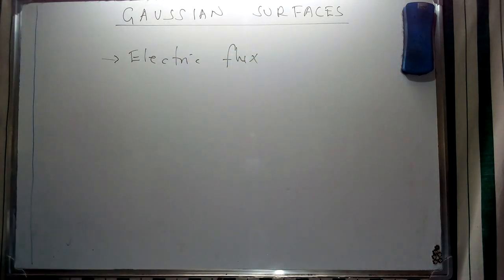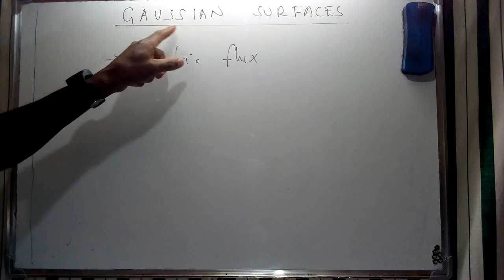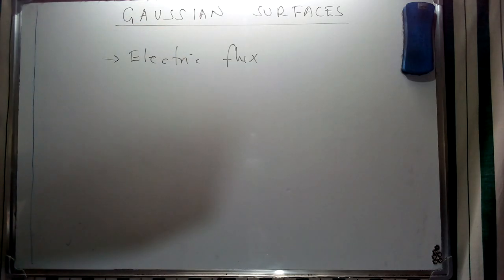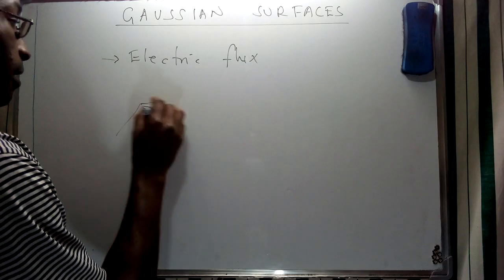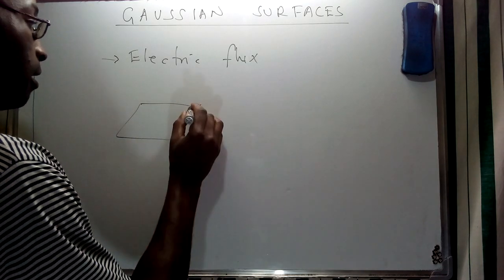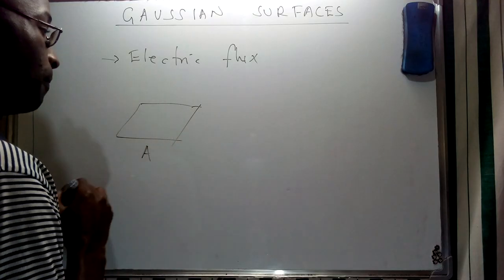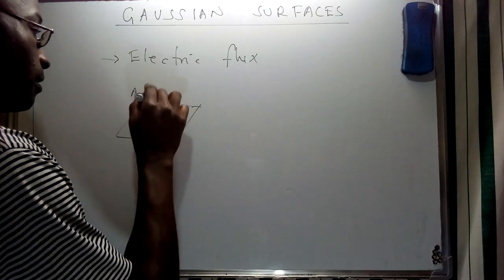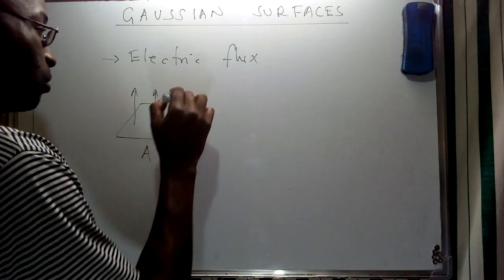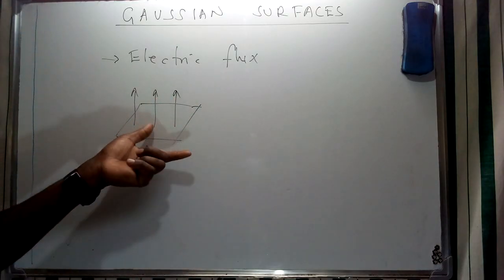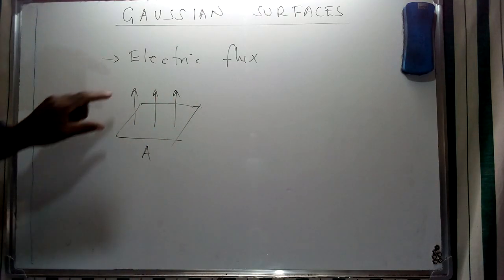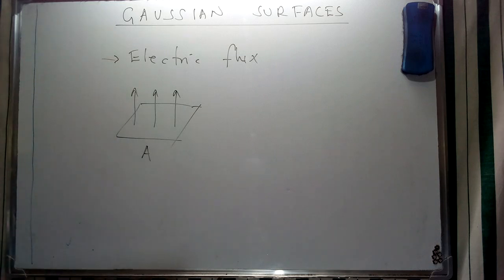Today this is going to assist us in defining what we refer to as a Gaussian surface from a geometrical perspective. In our last discussion, we said we can represent electric flux if we consider a flat surface of area A, with electric fields emanating from this surface, normal to the surface area. These electric fields are vector fields.